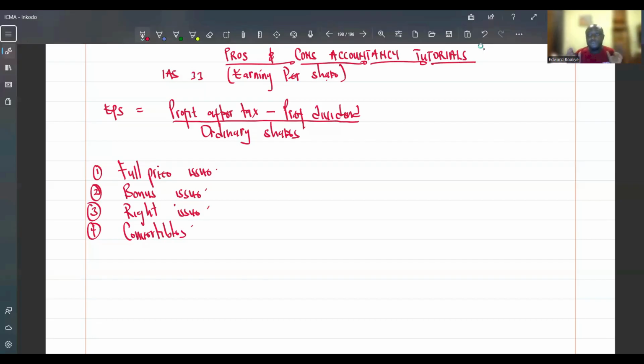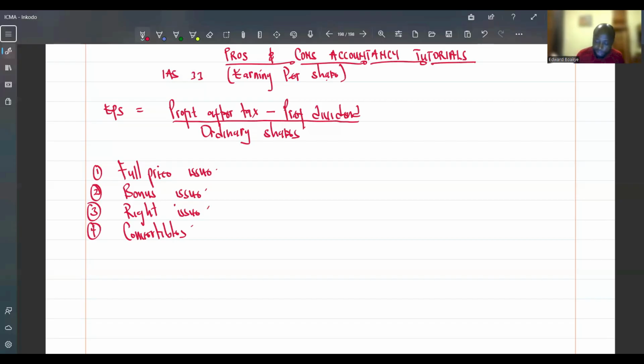Nothing has changed. So even though I'm converting, so shares more or less will be going up, the retained earnings or the profit after tax we are going to get will remain the same. So in that case, it is going to dilute the earnings per share.